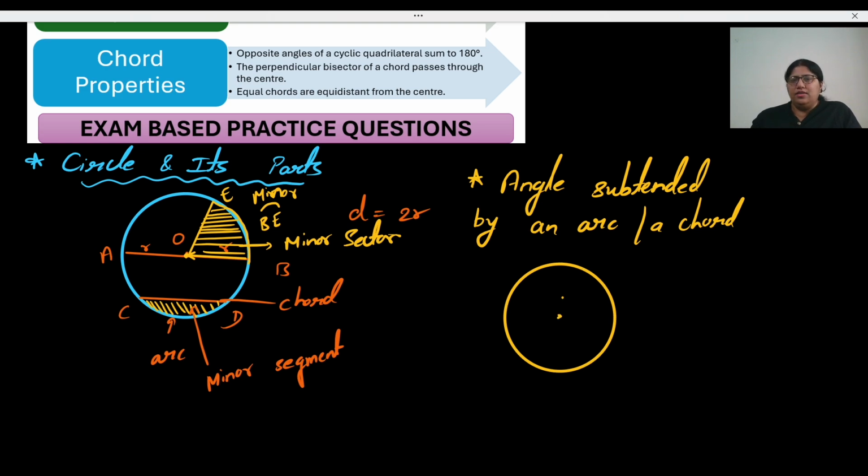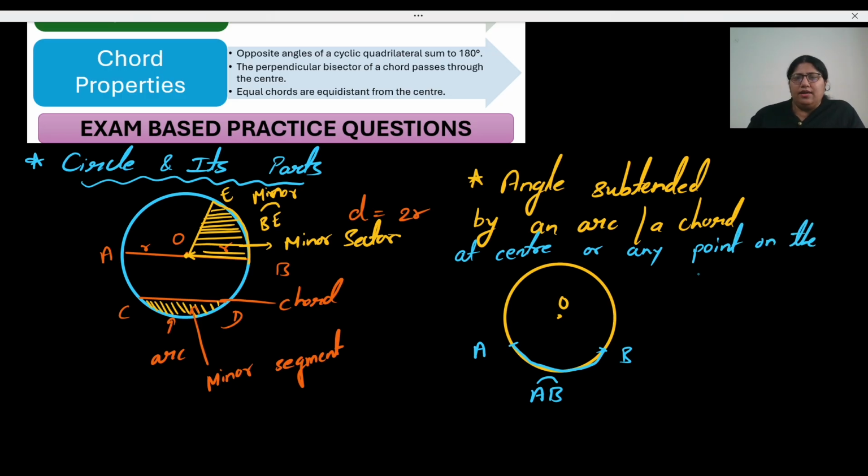Arc is nothing but the length between any two points on the circle. AB is a minor arc, and what is the angle subtended by AB at the center, or at any point on the circumference?